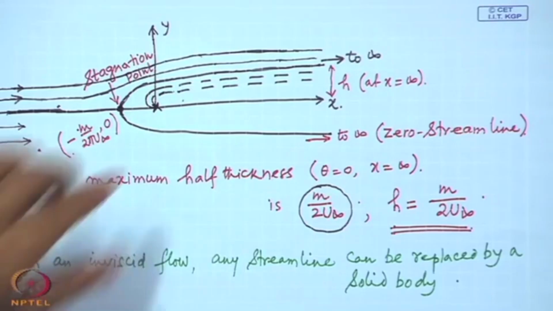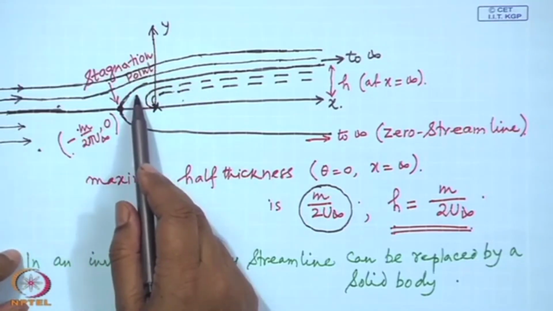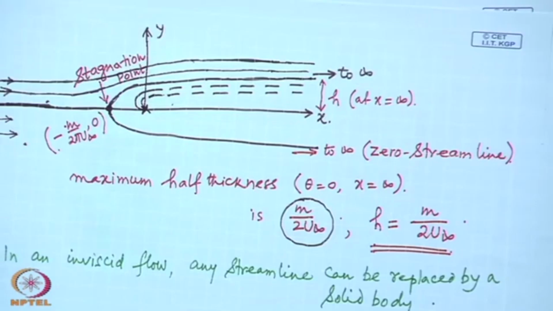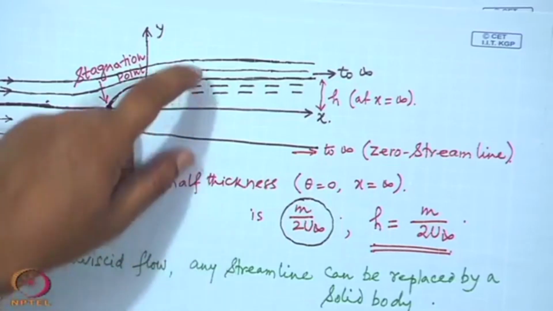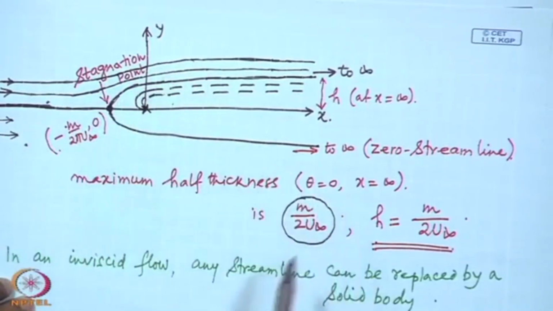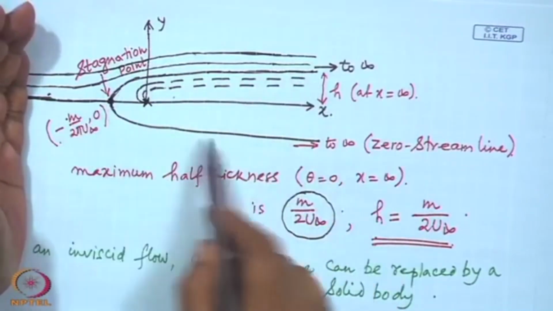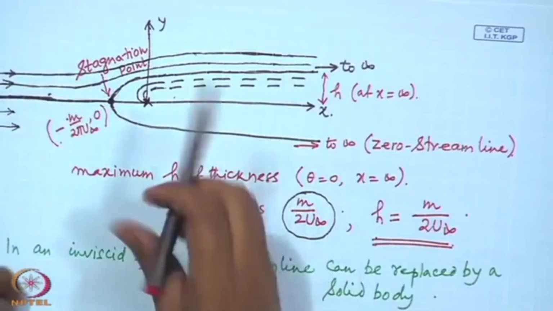Now, let us say that this body, what we are calling the 0 streamline, if we replace it by a solid body, then this problem becomes uniform flow over a solid body of this shape, of course, a semi infinite body. If we replace this particular streamline, what we have called the 0 streamline, this part we can forget, only this much.